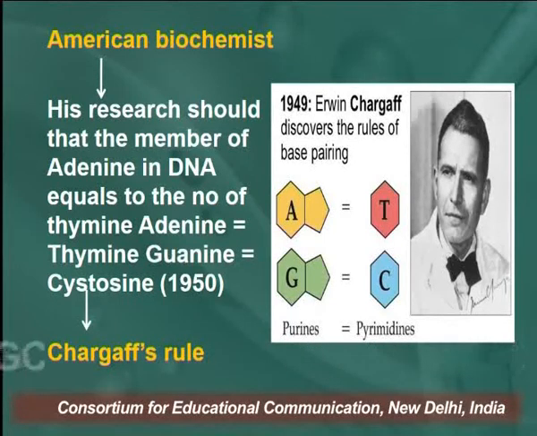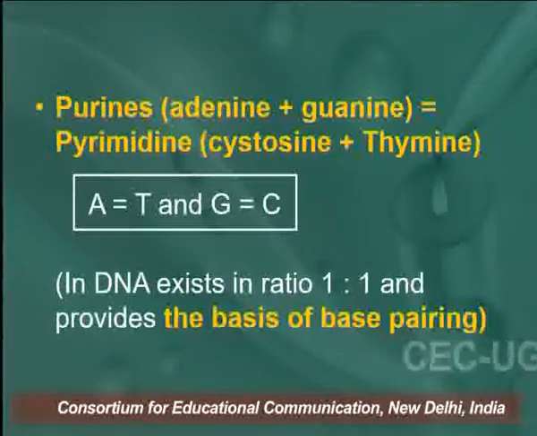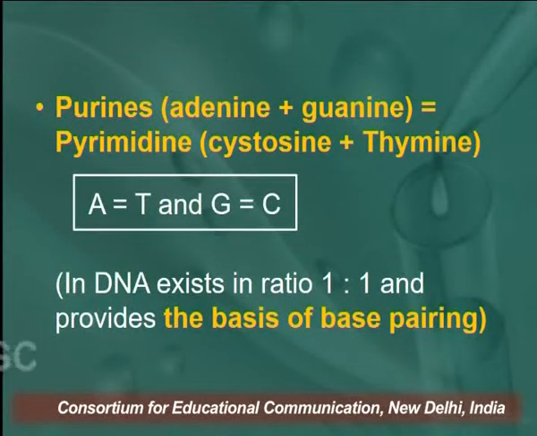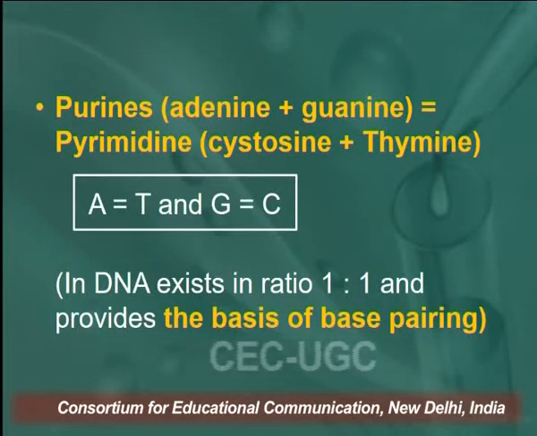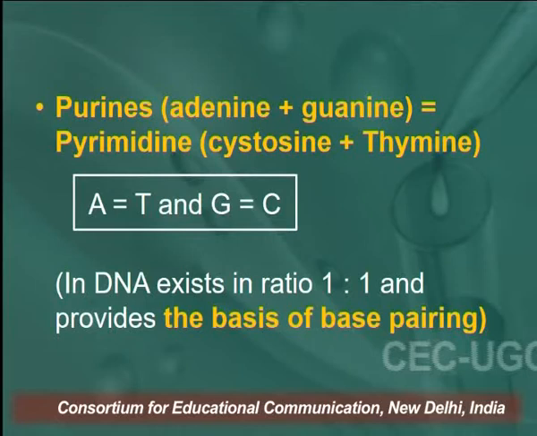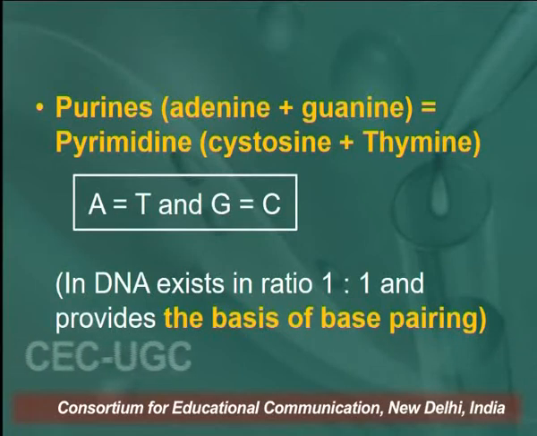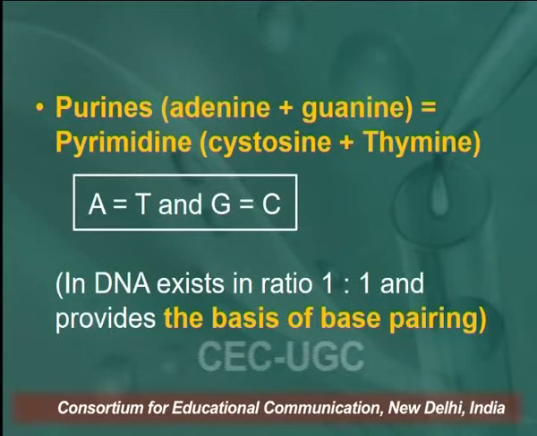Pairing always takes place on the basis of Chargaff's rule, which considers purines, adenine and guanine, and pyrimidines, cytosine and thymine. So A should equal T in the base pairs of DNA. The number of adenine bases is equal to the number of thymine bases. Similarly, the number of guanine bases should be equal to the number of cytosine bases.